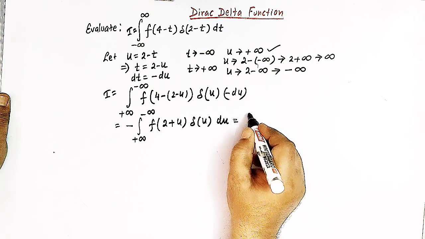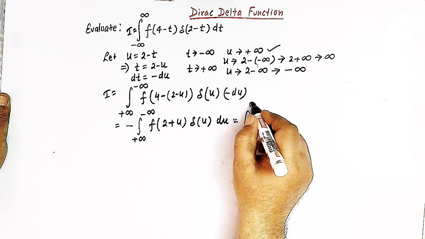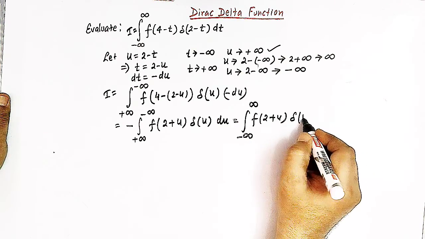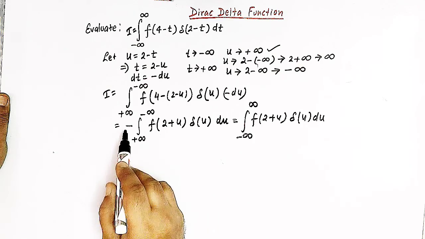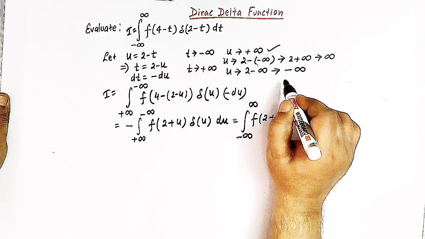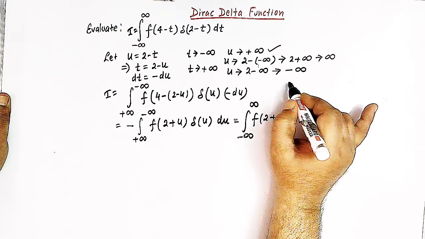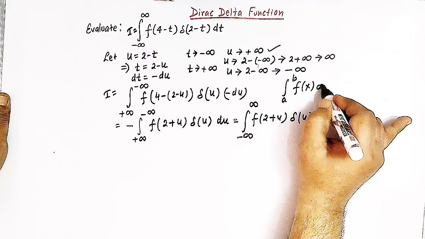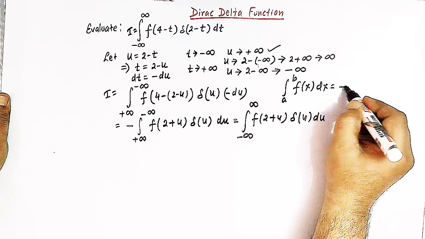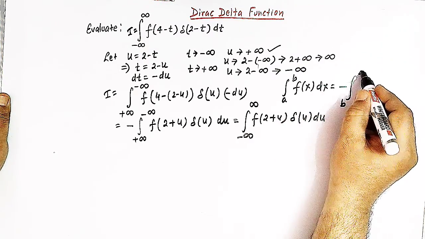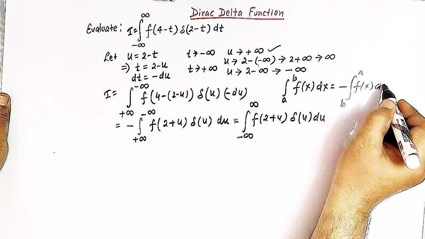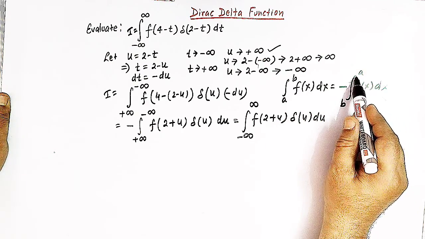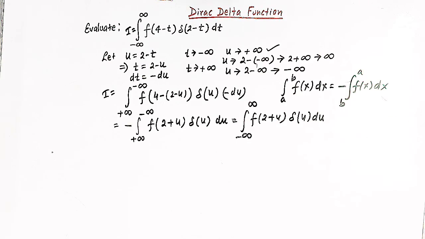So we can now write minus infinity to infinity f of 2 plus u, delta of u du, right? Here we have used an important property of definite integrals: the integral from a to b of f of x dx is equal to the negative of the integral from b to a of f of x dx, right? So interchanging the limits gives a negative sign in front of the integral.